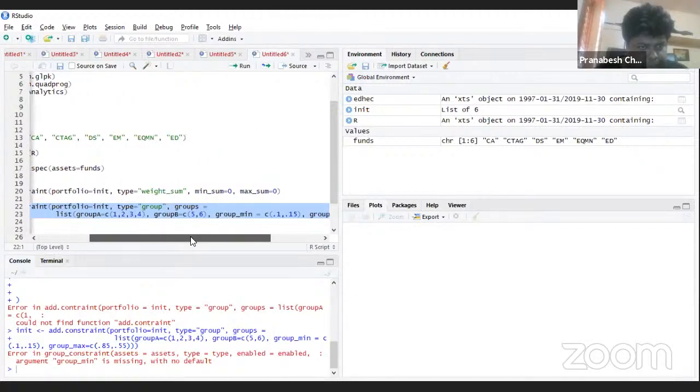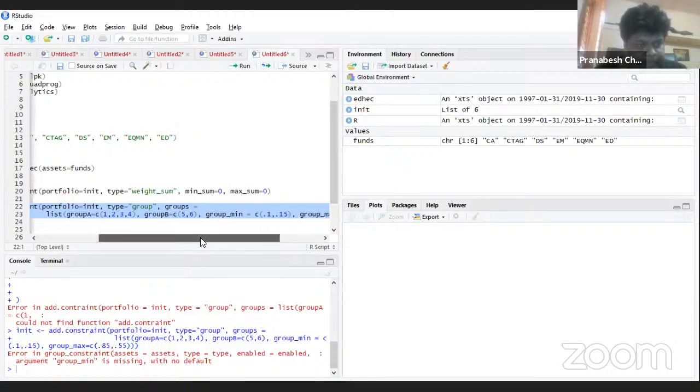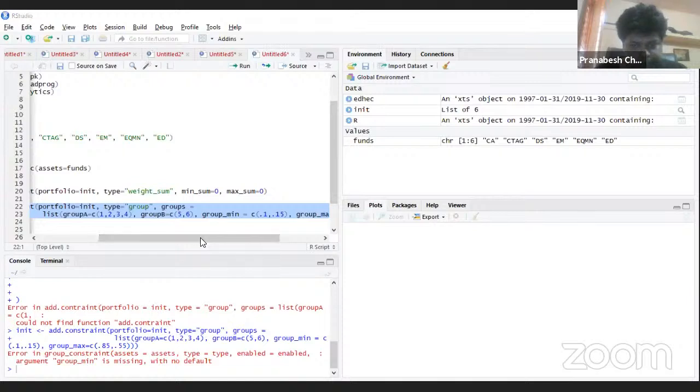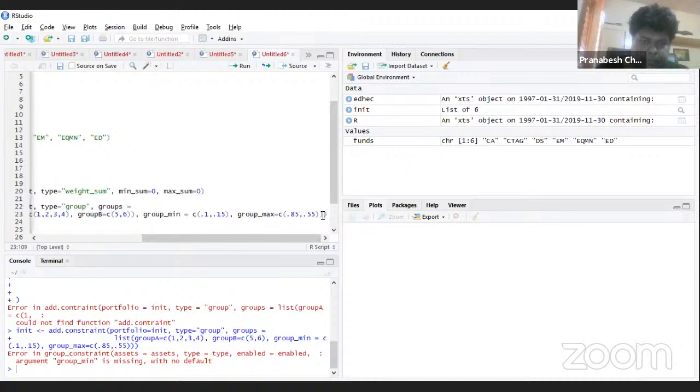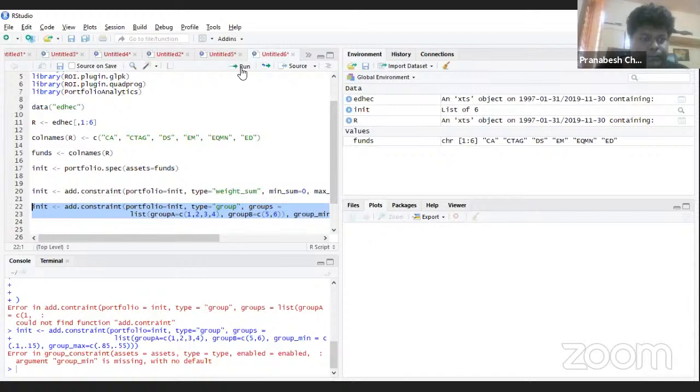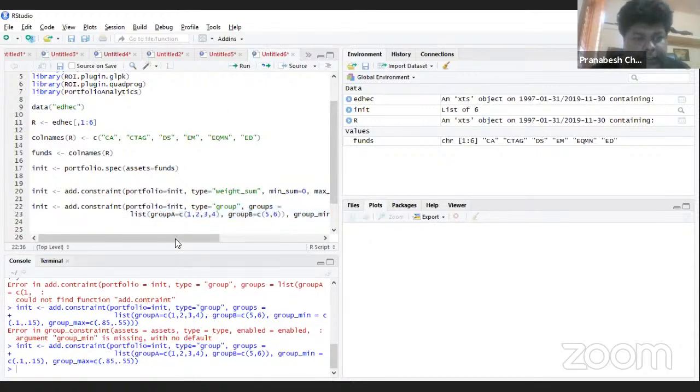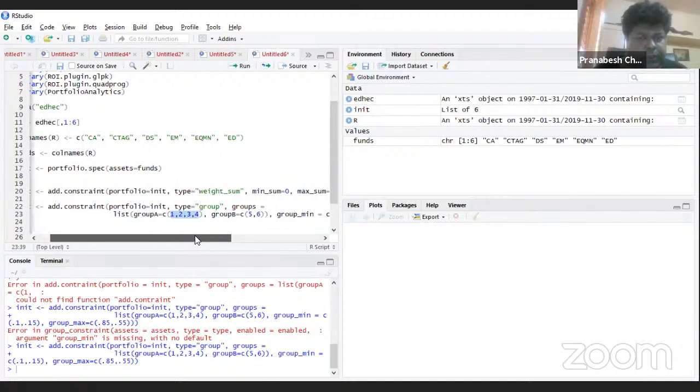Now you see what it is. The first 4 stocks in your portfolio, what is going to be the value for them?